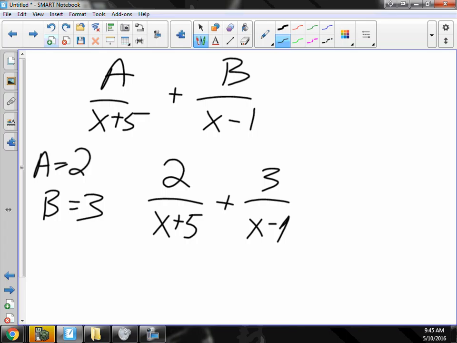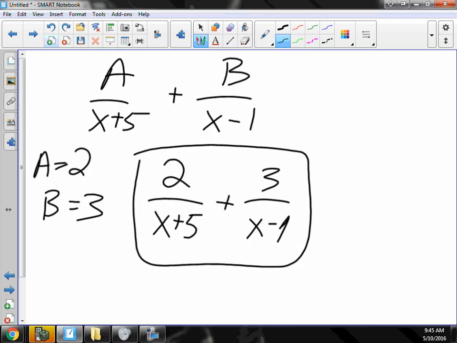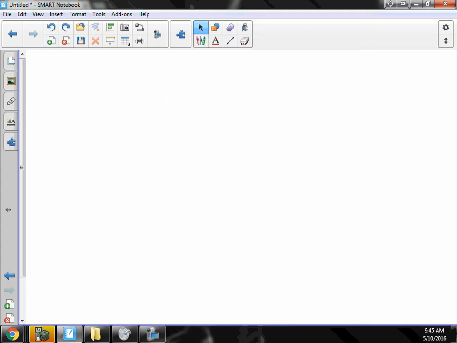There are an infinite number of possibilities, but that's one of them. And it ends up being the most simple version. So this is the most simple version to create the fraction that was in the original problem. Okay? All right.